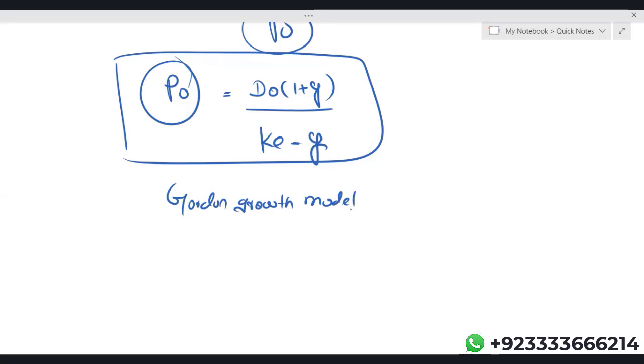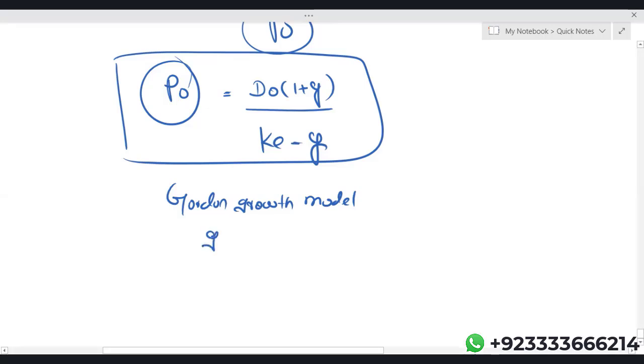And obviously, the data will guide you whether you are supposed to use the Gordon growth model or not. For example, if the annual dividend growth rate is not given and there is no other information except the Gordon growth model to calculate it, then you have to use it.